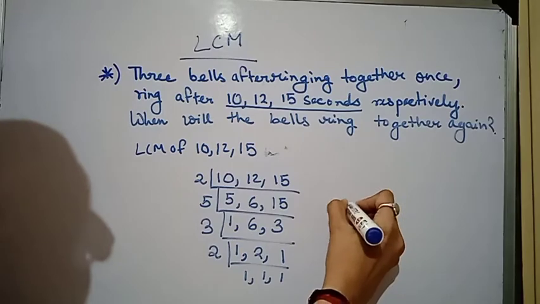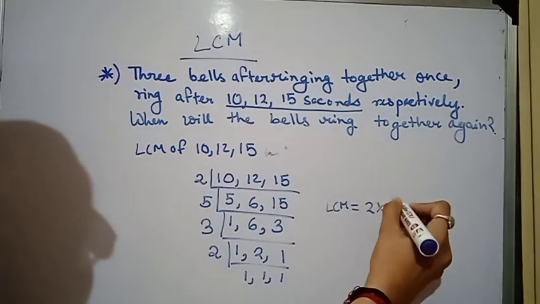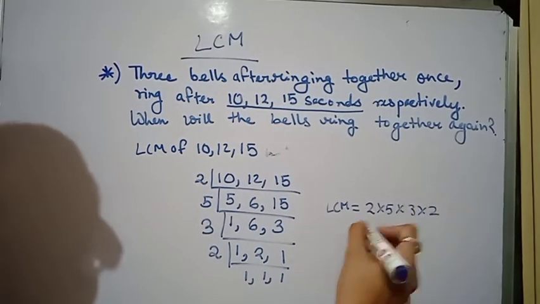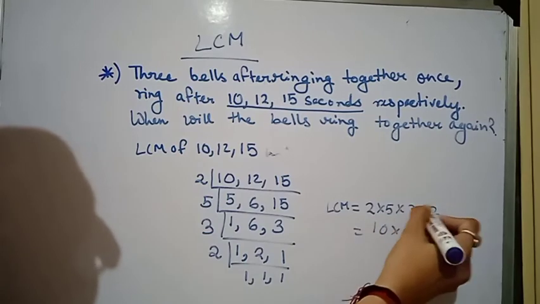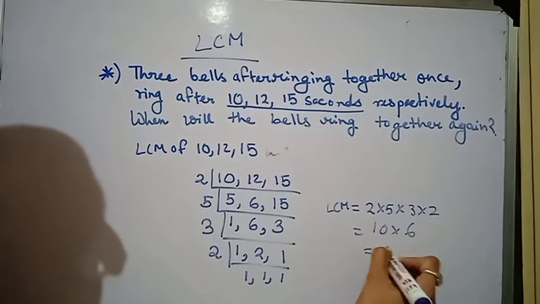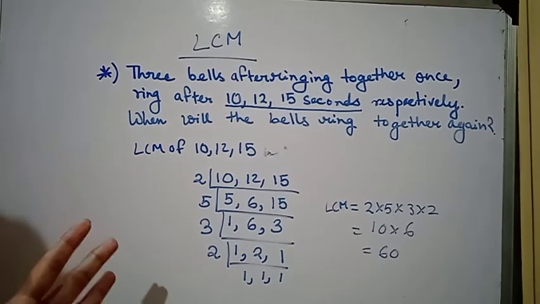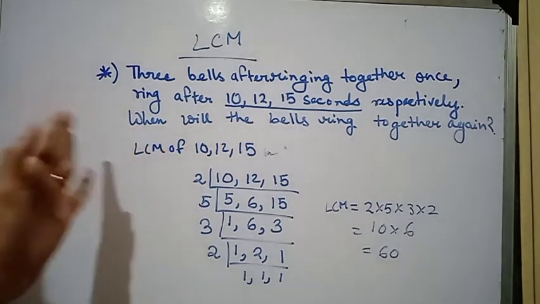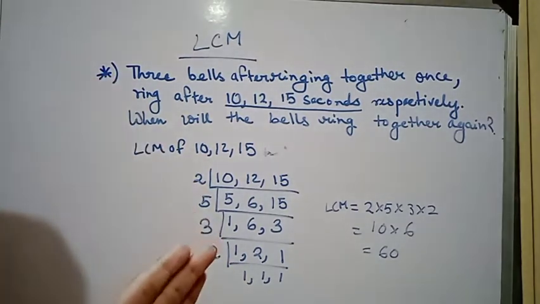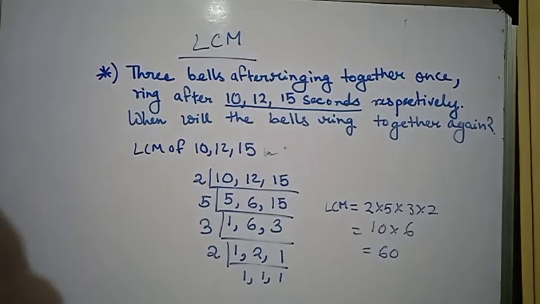So the LCM will be 2 into 5 into 3 into 2. 2 into 5 is 10. 3 into 2 is 6. So the LCM is 60. So my answer is 60 seconds, right? After ringing together, they ring after 10, 12 and 15 seconds. So when will the bells ring together?